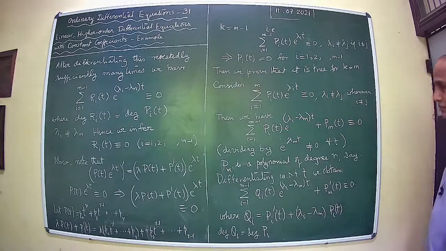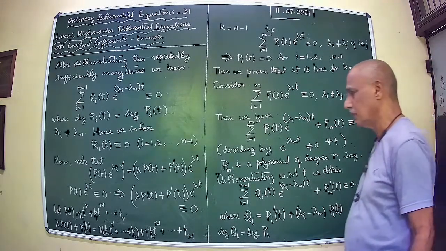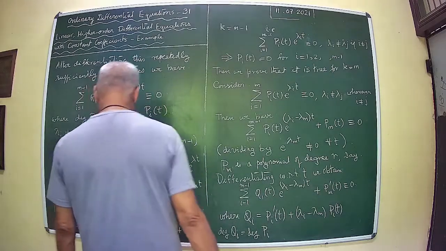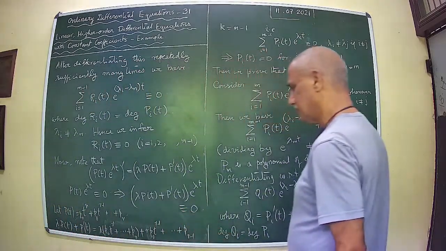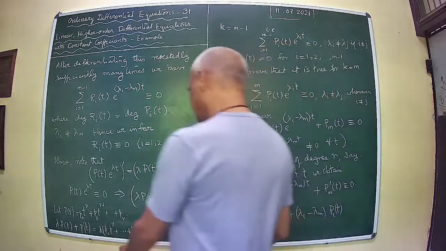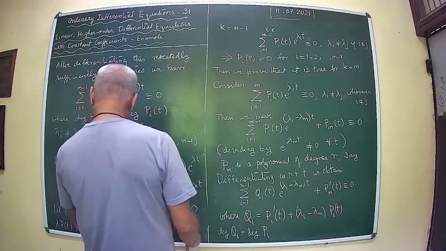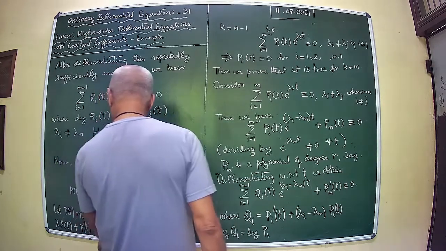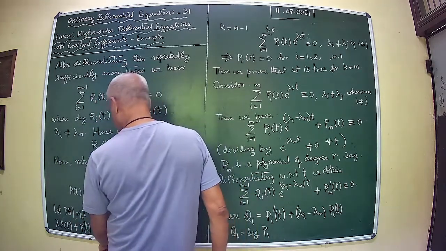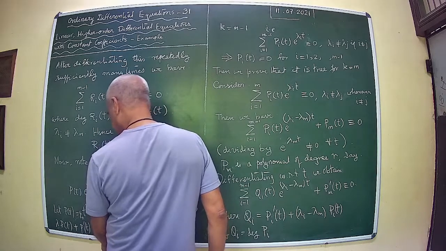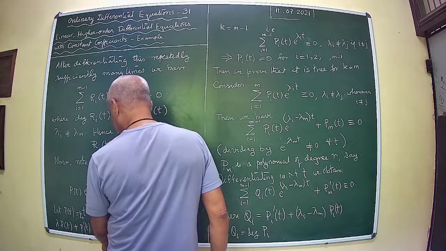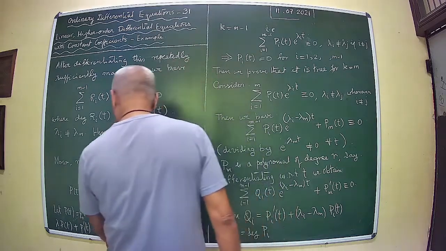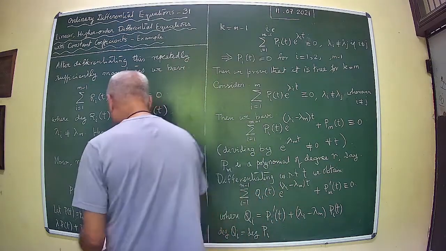Now suppose this is 0. Can you conclude p is 0? Let us see what you get. If you have this equal to 0, then you are going to have p naught equal to what? P naught equal to 0, because that is the coefficient of t to the power r.